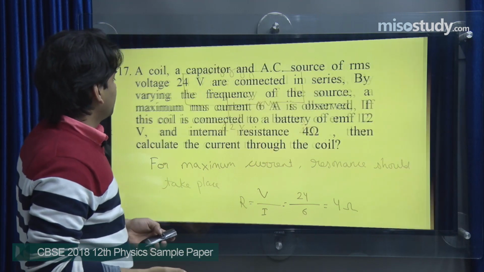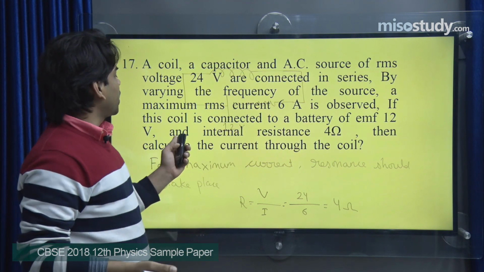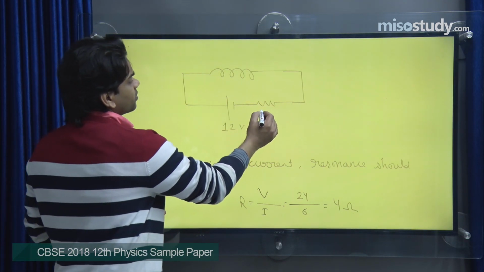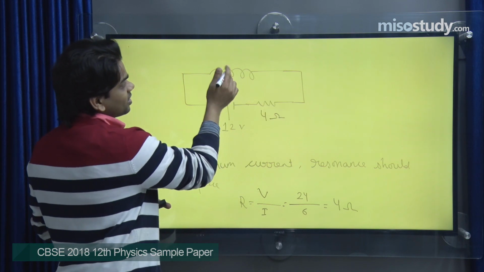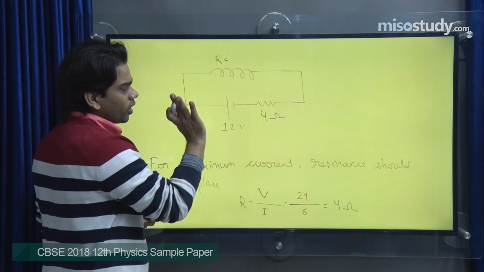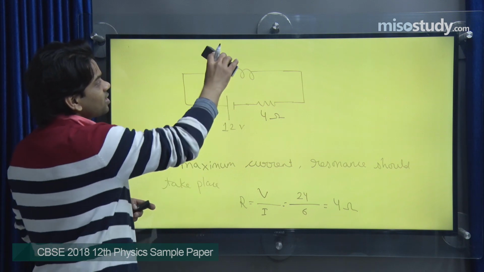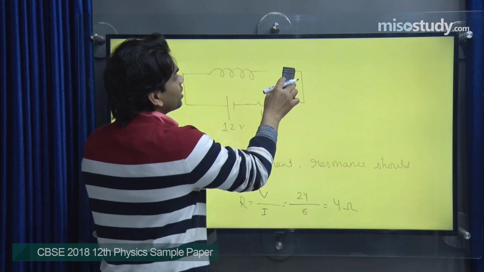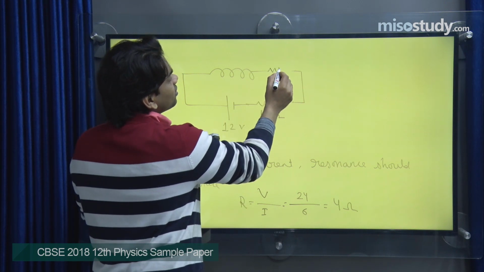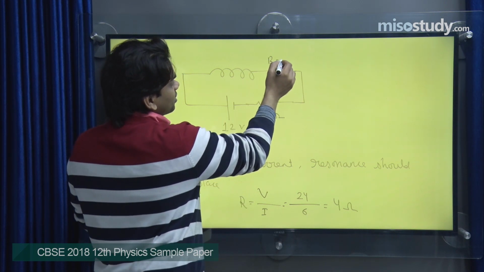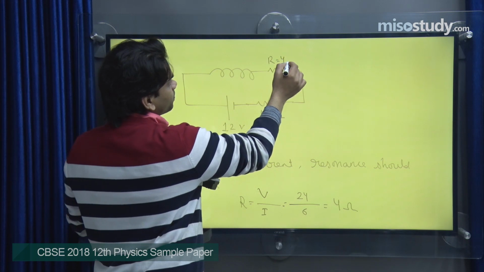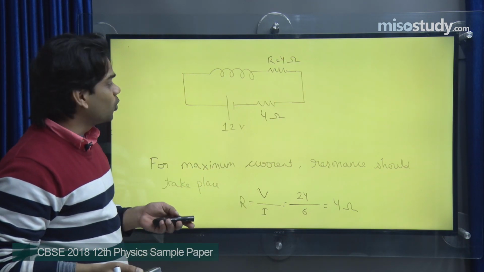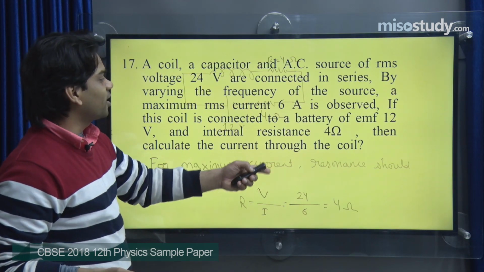The internal resistance is 4 ohm. Although it is a coil, it is going to have some resistance. I am drawing an equivalent diagram to show you that it has some resistance, and this resistance we have evaluated as 4 ohm. Clear? Now it has been asked to calculate the current through the coil.